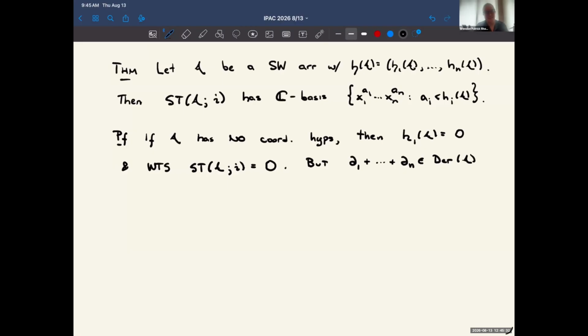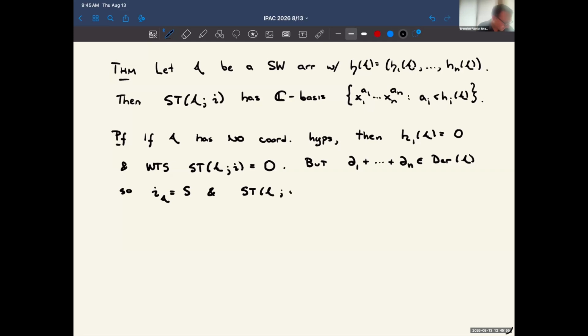Because it's good with respect to all the braid hyperplanes. So if I apply I to this, I get the number n, which is well known to be non-zero. What that implies is that the Solomon-Terao ideal is the full polynomial ring, and if I take S mod that ideal, what I get is 0. So I am good in that case.